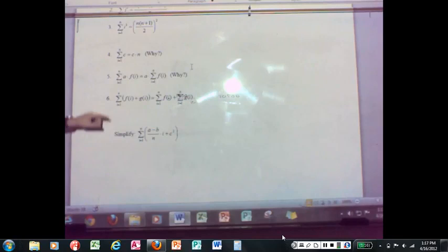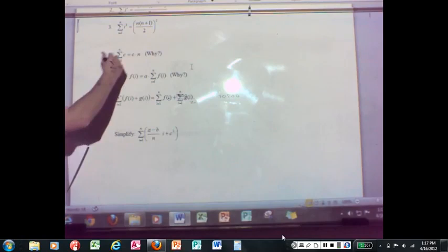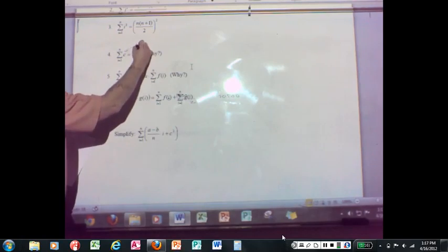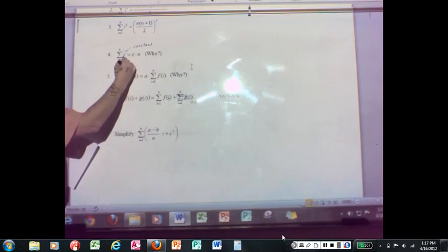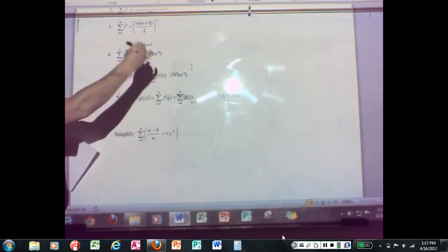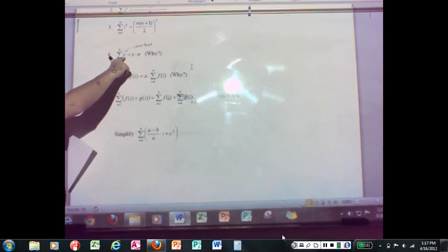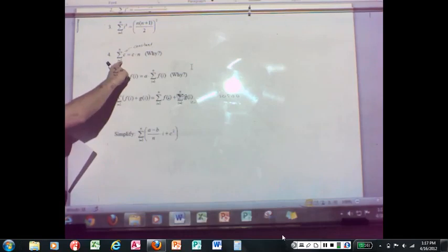Now, there are a couple other notes on the sums. If I'm doing the sum from i equals 1 to n of just c, where c is a constant, it's just c times n. Why is that? Well, if you write it out, you've got c, c, c, c, right? Because nothing's changing. The index is not affecting that, is it?